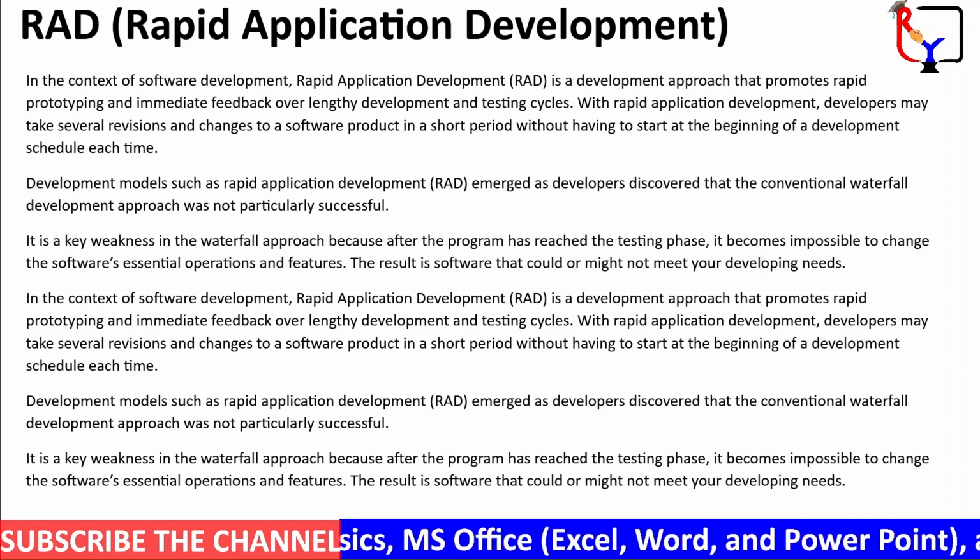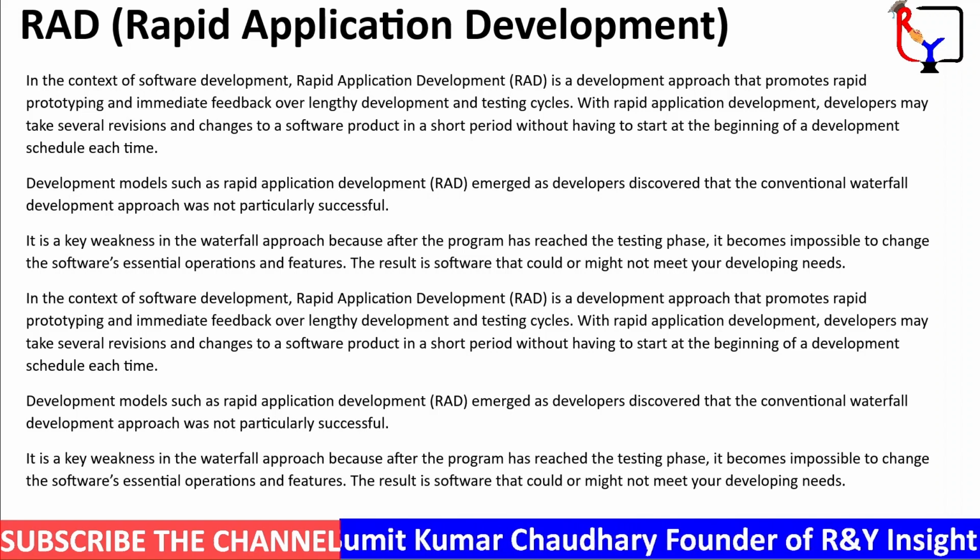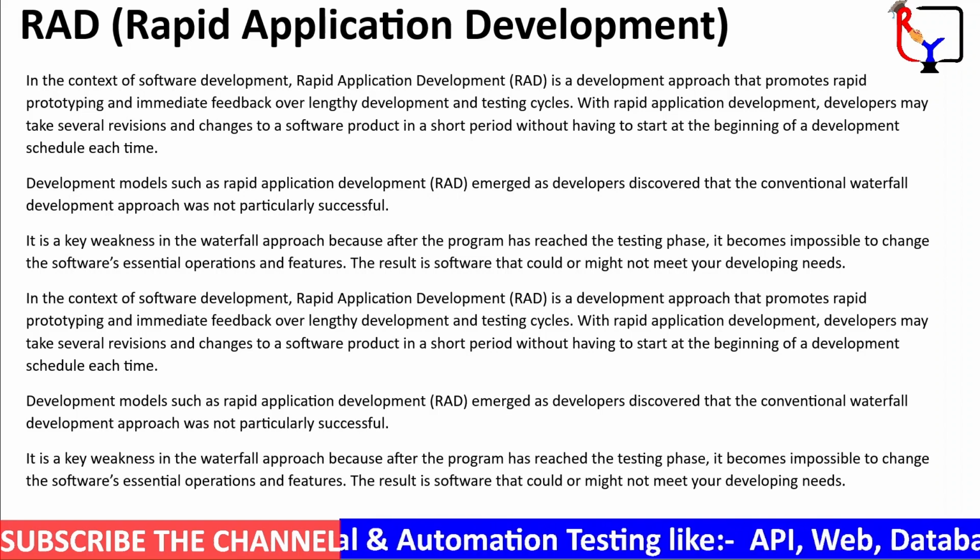In the context of software development, rapid application development is a development approach that promotes rapid prototyping and immediate feedback over lengthy development and testing cycles. With rapid application development, developers may make several revisions and changes to the software product in a short period without having to start at the beginning of the development schedule each time.